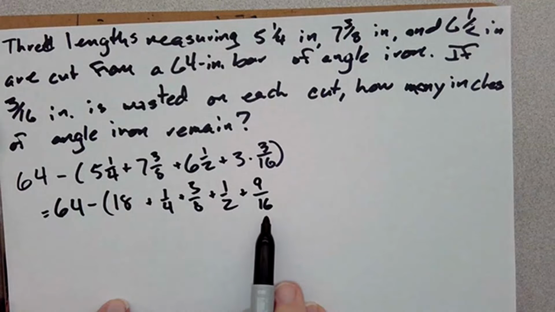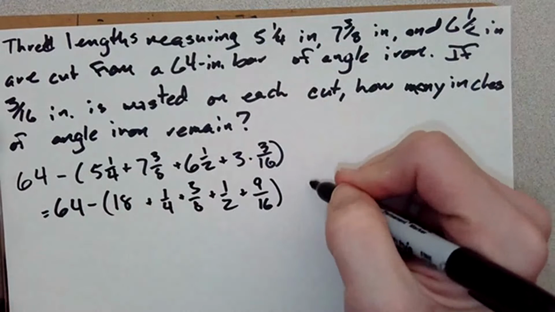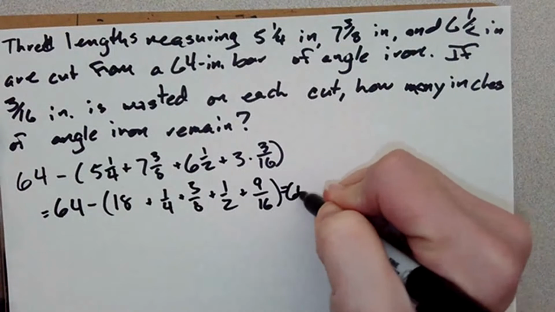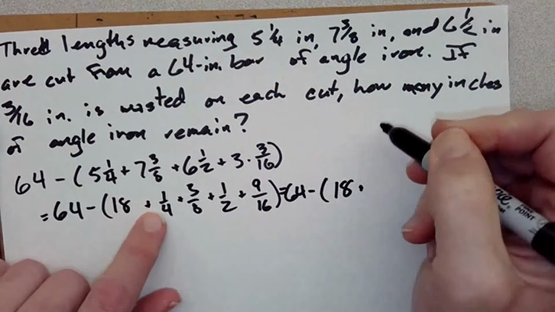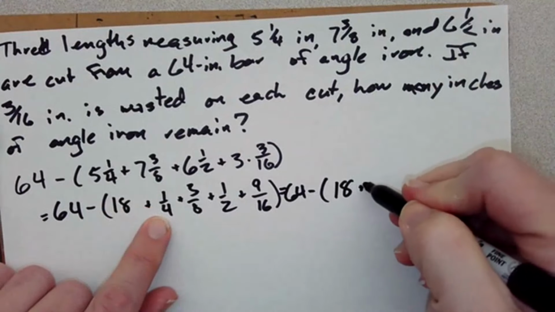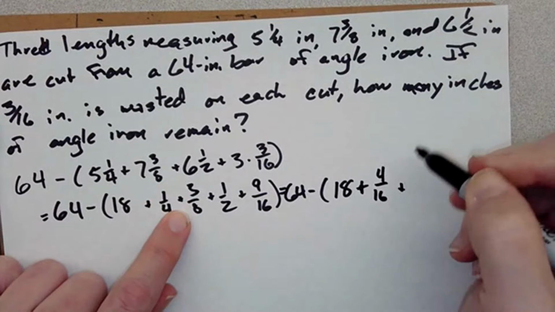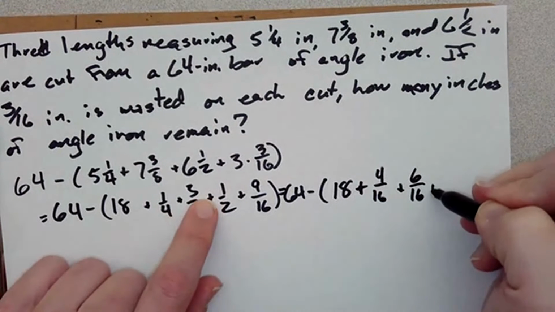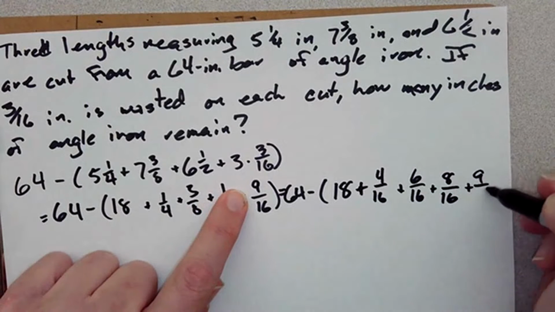Happily, 2, 4, and 8 are all factors of 16, so this will be pretty easy to add up all of those. We just need to change our bases. 64 minus 18 plus 1/4 is 4/16, plus 3/8 is 6/16, plus 1/2 is 8/16, plus 9/16.